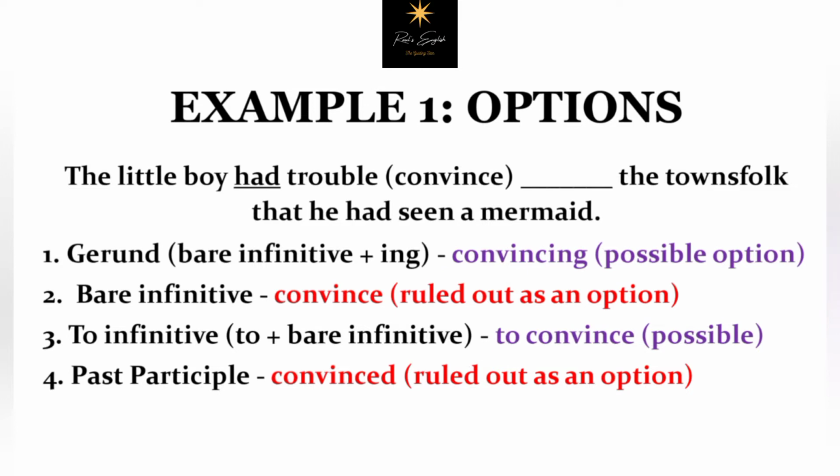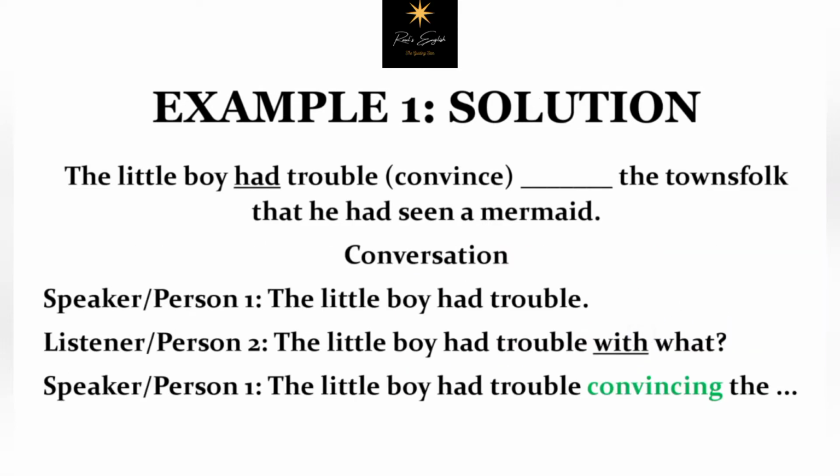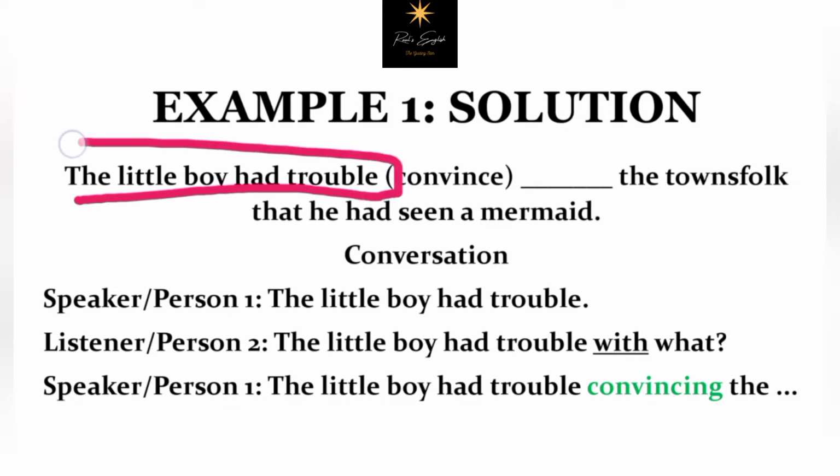Right, let's see how we arrive at the answer. First we saw how to rule out the options which are not applicable. Next, the little boy had trouble. Take this sentence and imagine or convert it into a conversation.